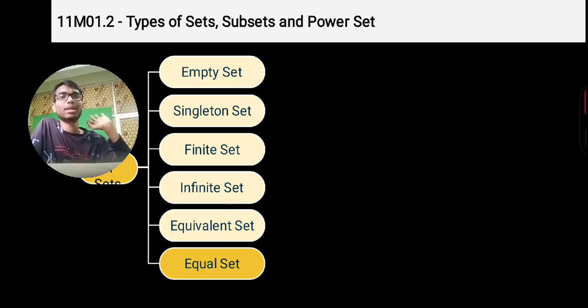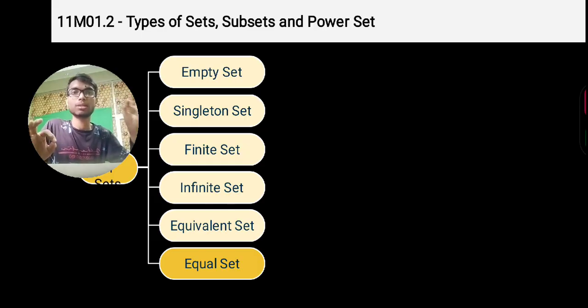This was the equivalent set discussion. In the case of equal sets, we will see whether all elements of a set are present in the other set. If yes, then both sets will be equal sets.